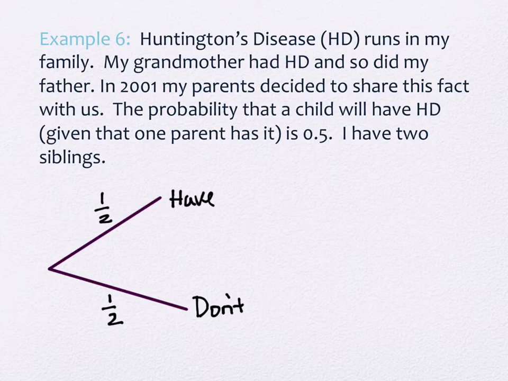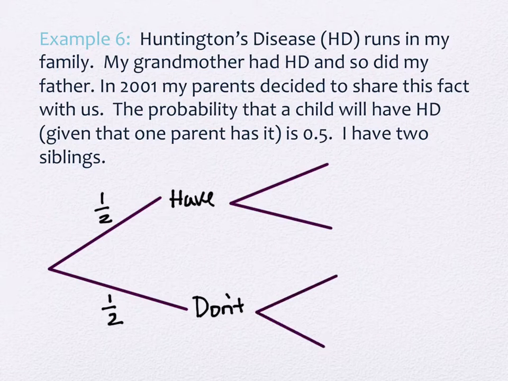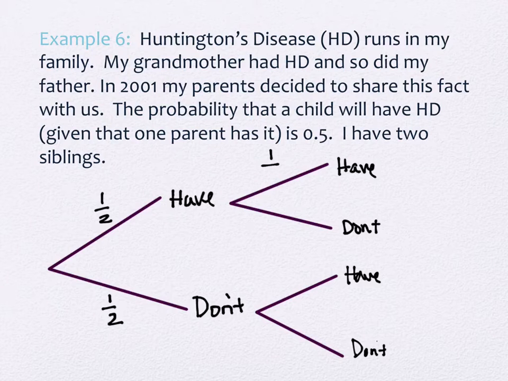My sister is the next. So this next set of branches actually represents my sister. And again, she either has it or she doesn't. And again, it's a 50-50 shot all the way along. 1/2 all the way. Or 0.5s if you wish. And then my brother is the youngest.